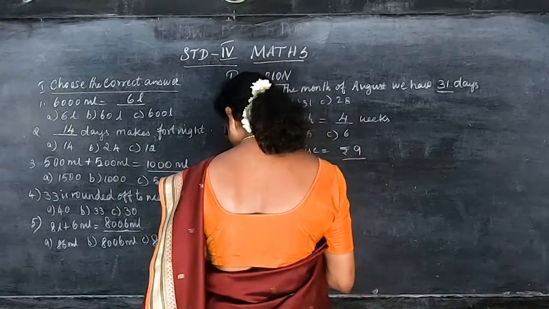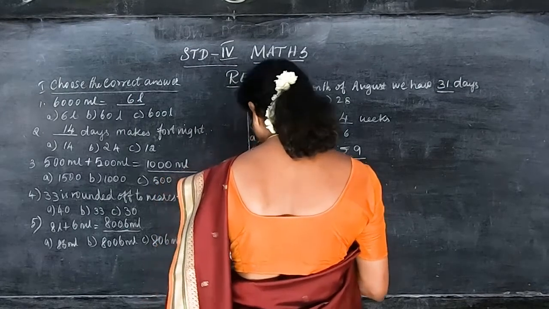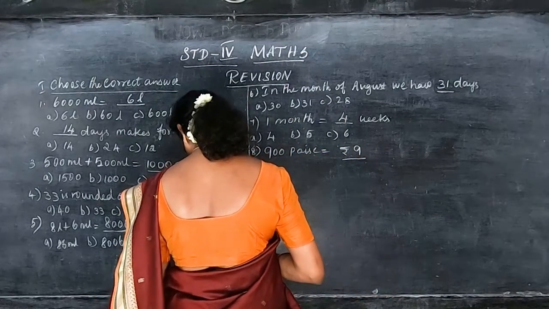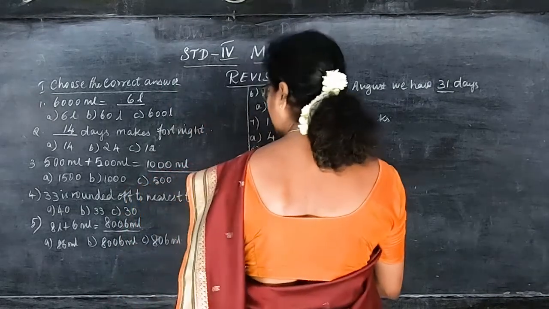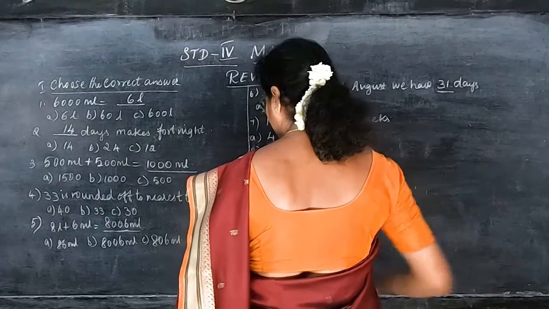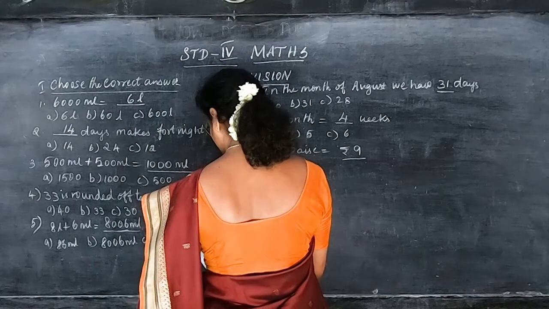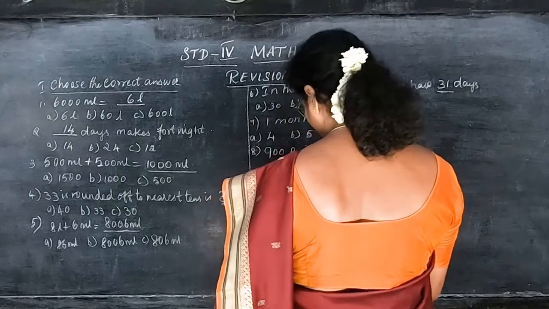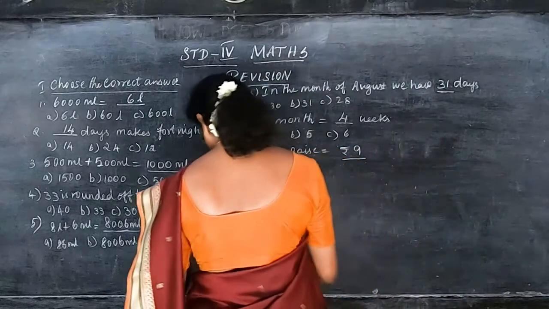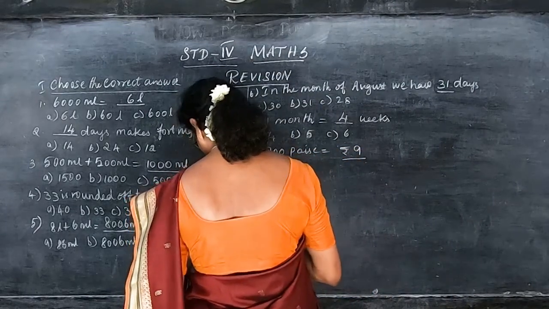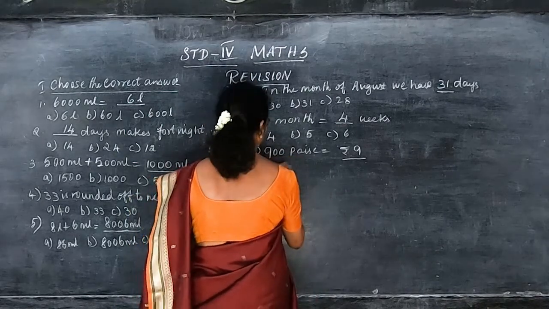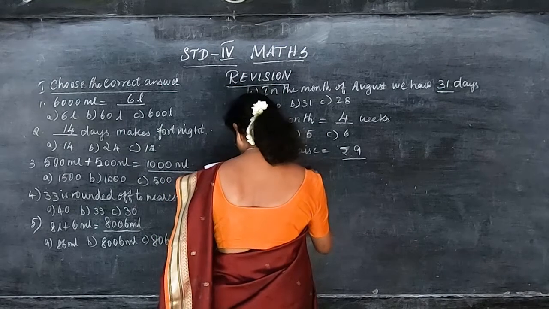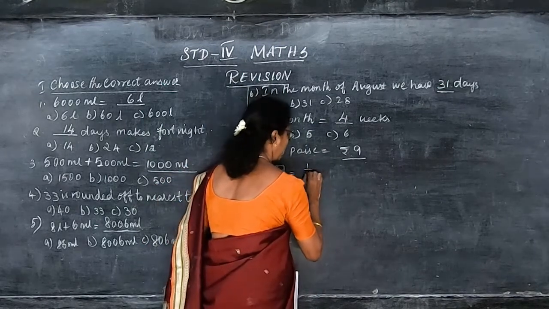Then 9th is dash. So you can write 1 by 4.